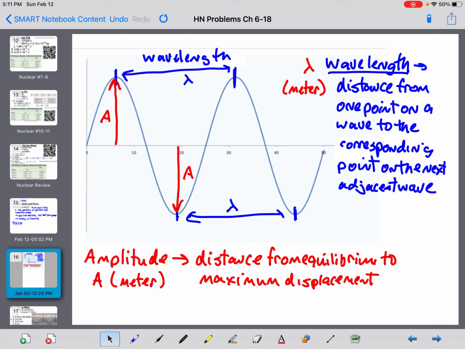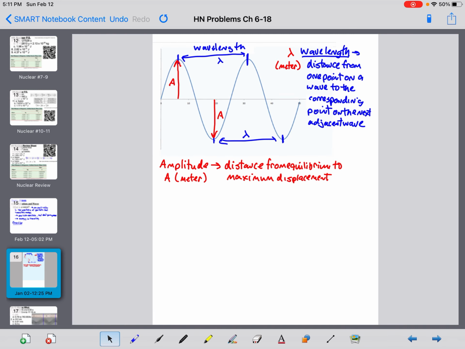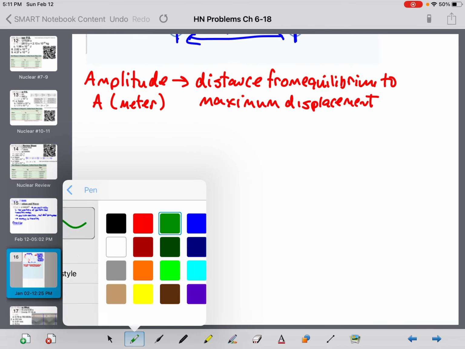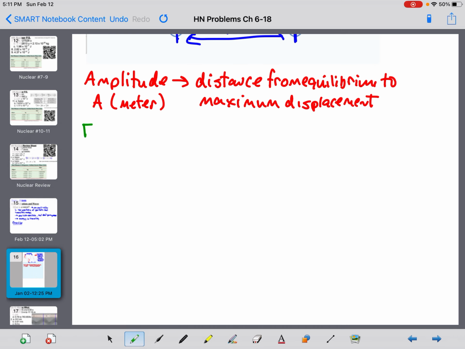Now, other things that we can measure in terms of a wave, let me get us some more room here, would be the frequency of a wave. And closely related to that would be the period of a wave. Frequency of a wave, that is the number of waves passing a point each second.